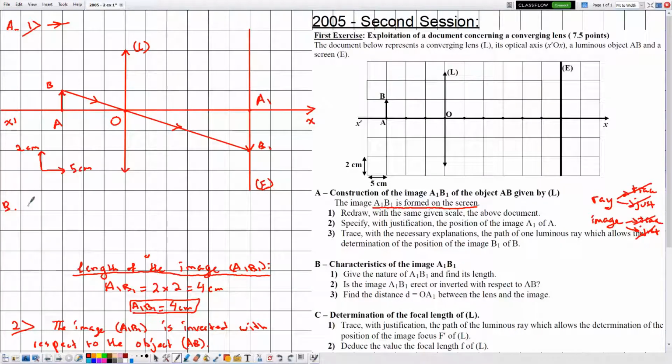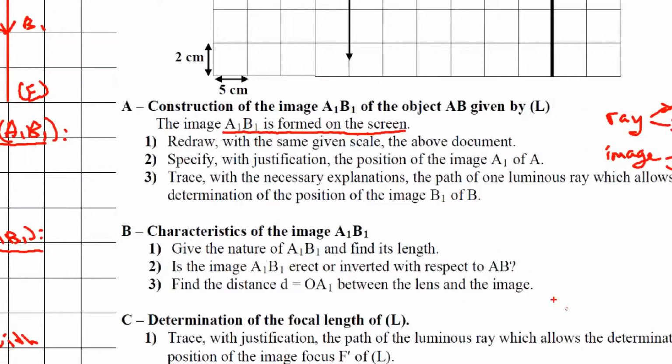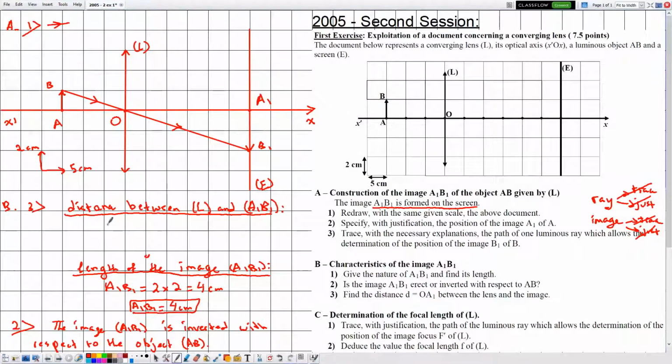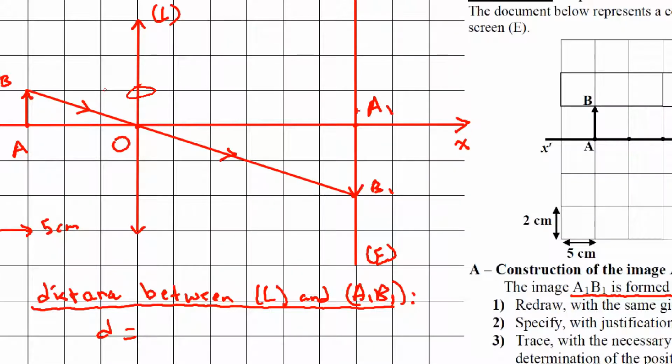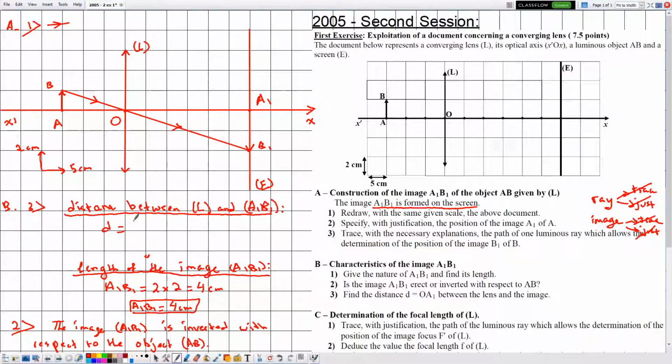So number 3, distance between L and A1 B1, this distance is denoted by D, which is the distance between the lens and the image A1 B1, and it consists of 1, 2, 3, 4, 5, 6 divisions.